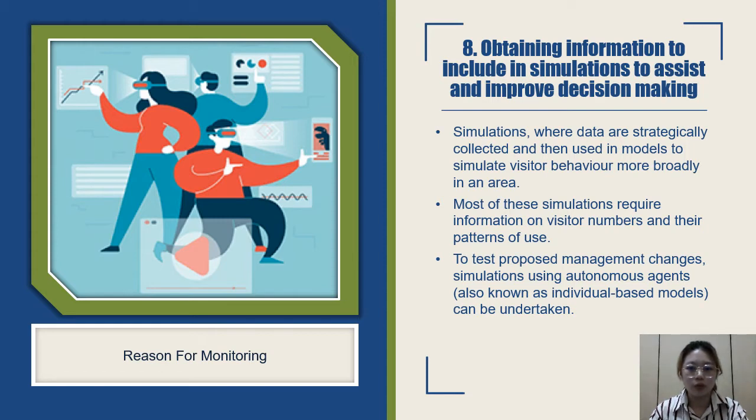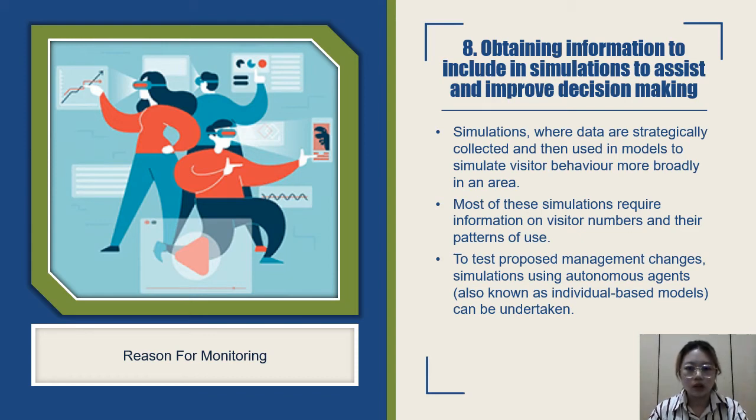To test proposed management change, such as constructing new campgrounds or new estates or extending access routes, simulation using autonomous agents, also known as individual-based models, can be undertaken.